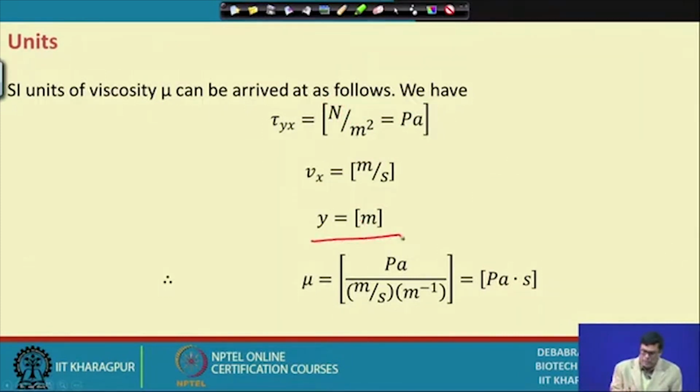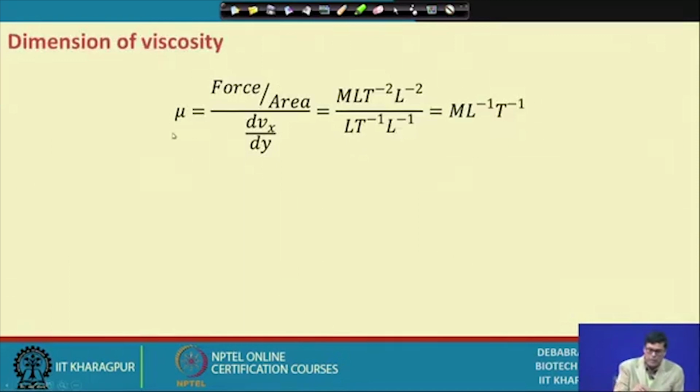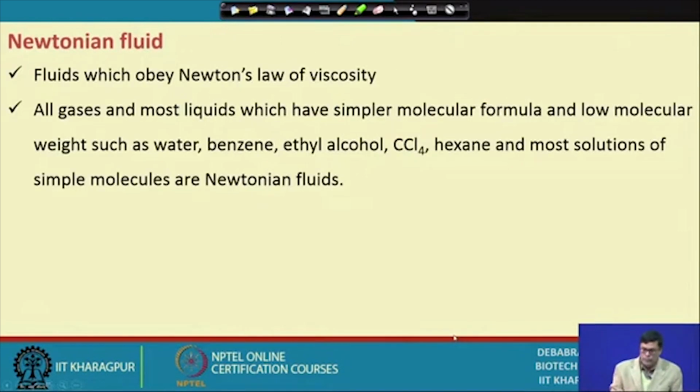Y is meter, and viscosity is equal to Pascal per unit meter per second, that is meters inverse, the Pascal second. Now similarly we can find out what should be the unit for viscosity. I told you, this is shear stress by shear rate. If you give it, we will get this equation.